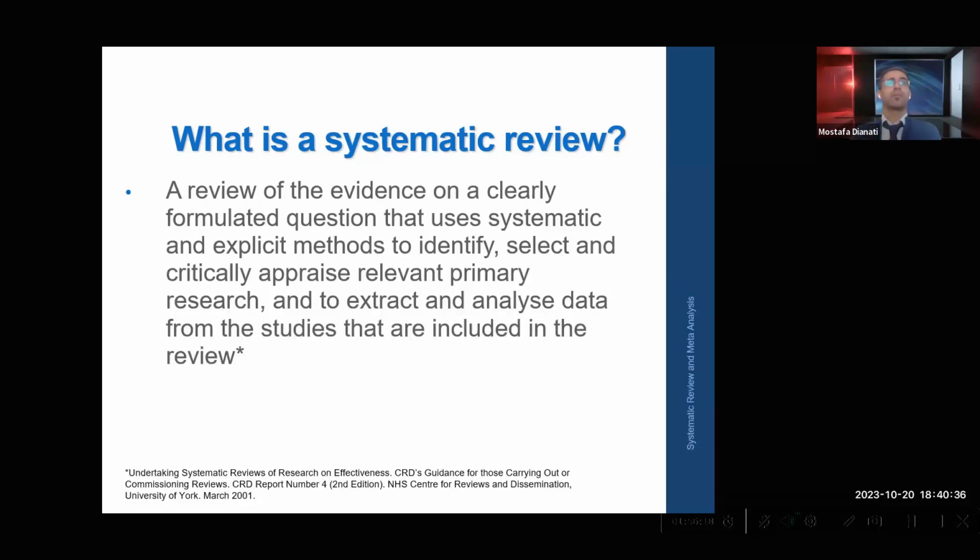However, a systematic review clearly formulates questions that use systematic and explicit methods to identify, select, and critically appraise relevant primary research, and to extract and analyze data from the studies that are included in the review. So here we have a specific criteria in order to include studies in our study. But in narrative reviews, actually, we don't have such criteria.